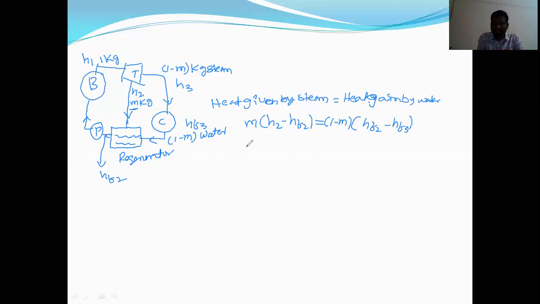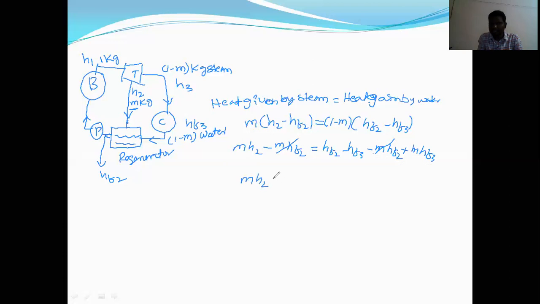So now if you expand, m H2 minus m HF2 is equal to 1 into (HF2 minus HF3) minus m into HF2 plus m into HF3. Here minus m HF2 and minus m HF2 will cancel.